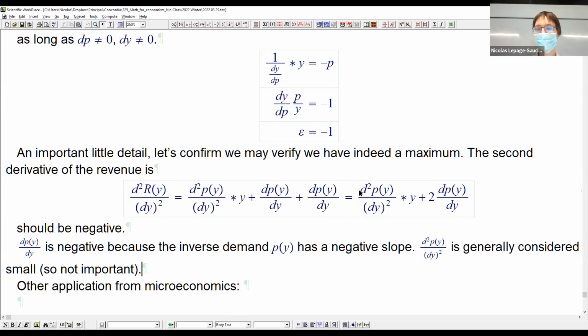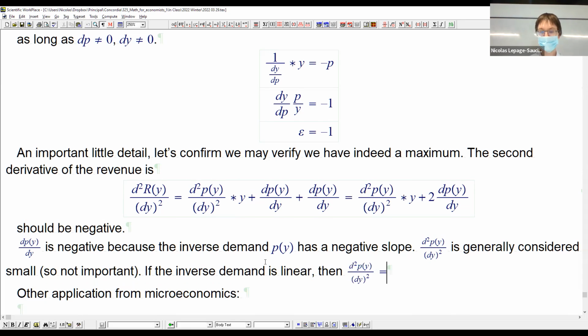It's the second derivative of the price. Let's not go there and ask what shape it could have. If it's a linear function, so if the inverse demand is linear, then this is equal to what?